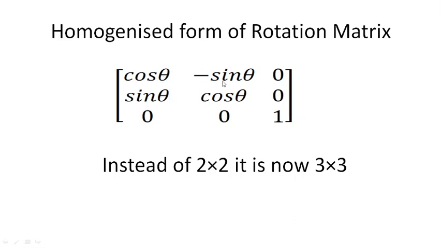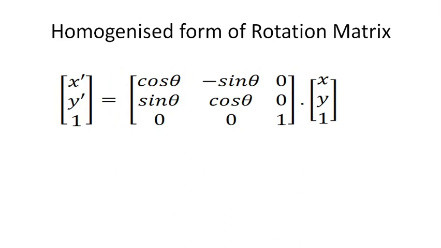The cos theta, minus sin theta, sin theta, cos theta block will be extended by non-diagonal elements 0 and diagonal element 1. So it will be multiplicative in nature. Earlier also it was multiplicative, and this time also we will not change it. So rotation you can see as a matrix equation in this form.